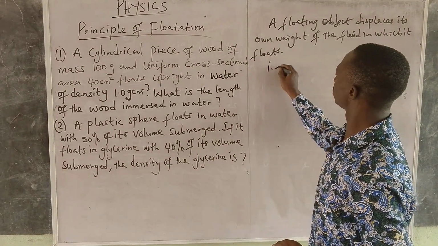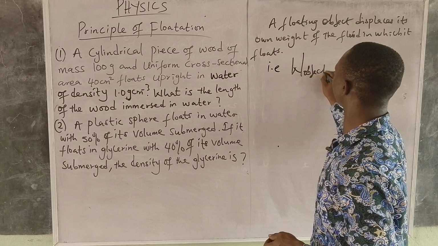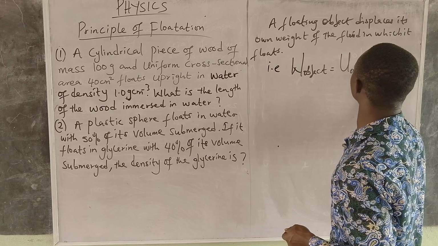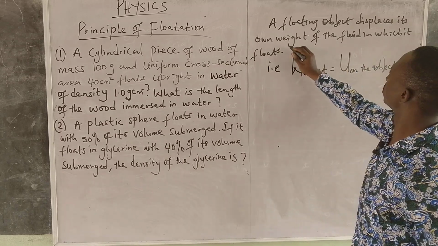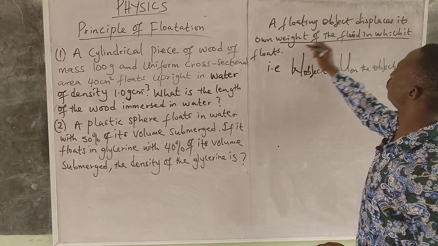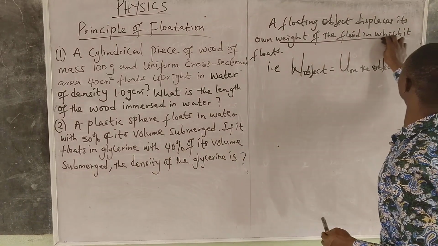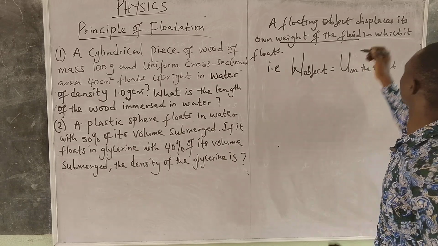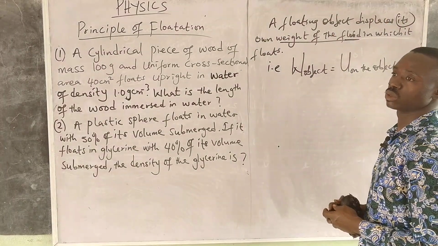What this means is that the weight of the whole object that is floating is equal to the upthrust on the object. Because what is upthrust? Upthrust is the weight of the fluid itself. Upthrust is weight of fluid. Now, this principle says it will displace its own weight of the fluid.